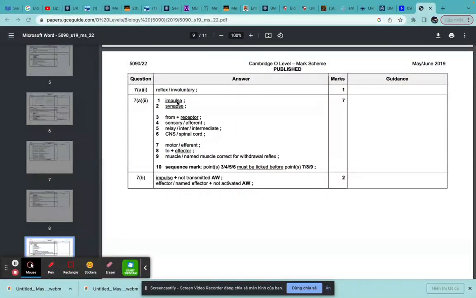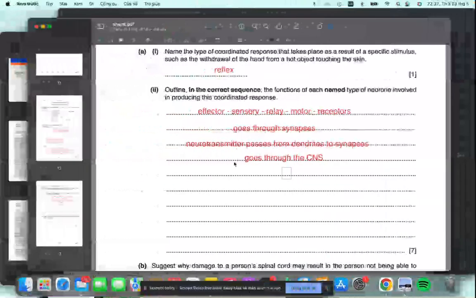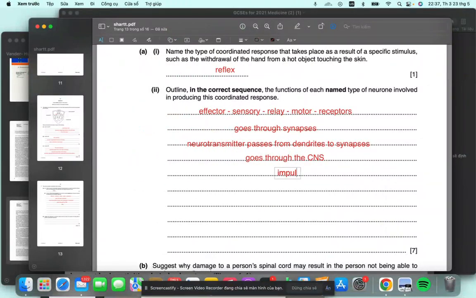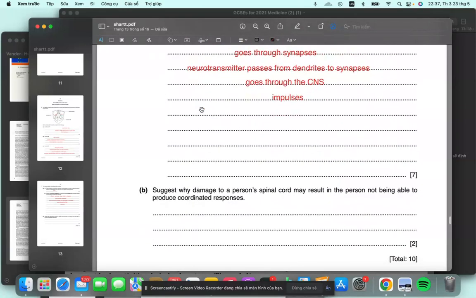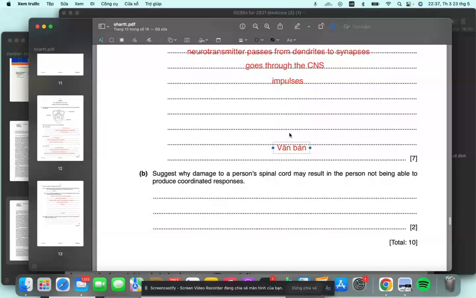Impulse, synapse, receptor, sensory, relay, CNS, motor, effector. Yeah, it's an impulse. So we pretty much got all 7 marks from just naming the sequence. That's how you get 7 marks on this one.